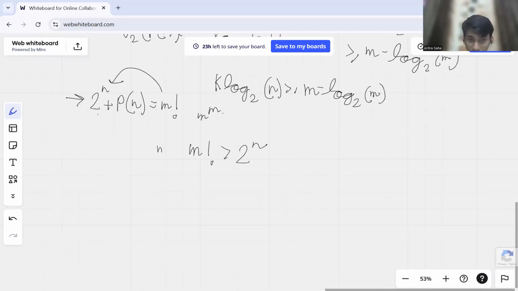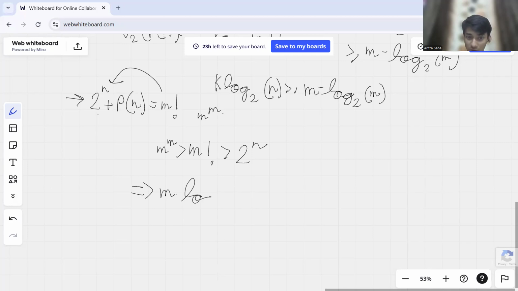And we can say m to the power m is greater than m factorial, because it is 1 to m, and everything you can change to m, because m is greater than everything that is less than m. So m to the power m is greater than m factorial. And you take log.